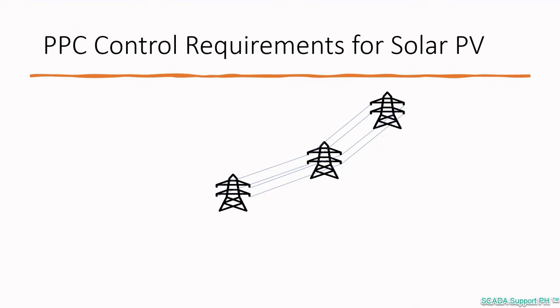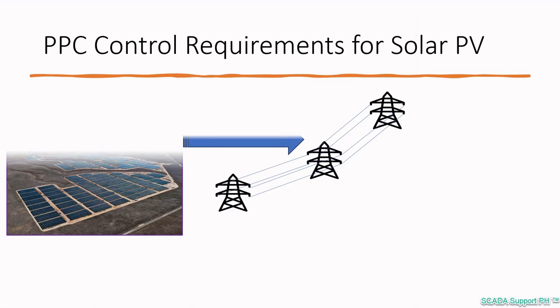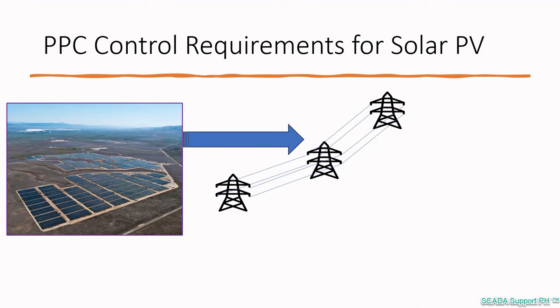Optimally, a solar PV plant appears to the grid as a single unified source of power. When we talk about power quality, it is often useful to think about it as a compatibility problem.